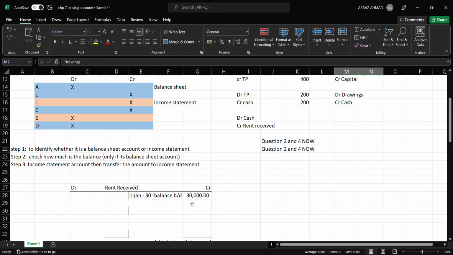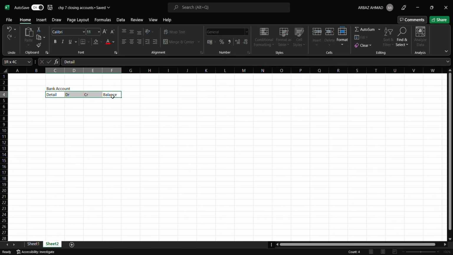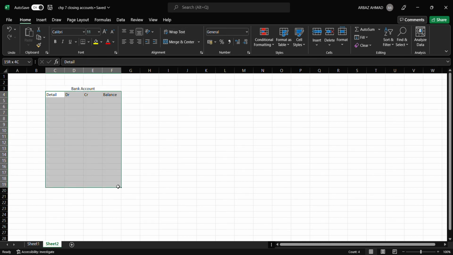So for example, let's say you have your bank account here, and then you have your detail, debit and credit, and then here you're going to have balance. Your debit and credit is not in the form of a T account, it's in this format.